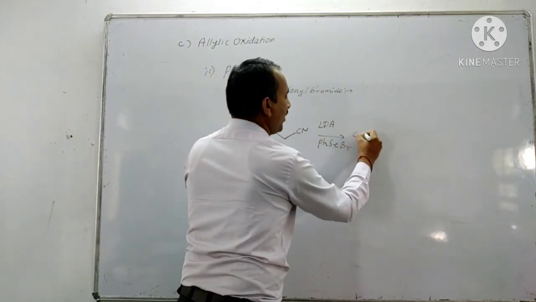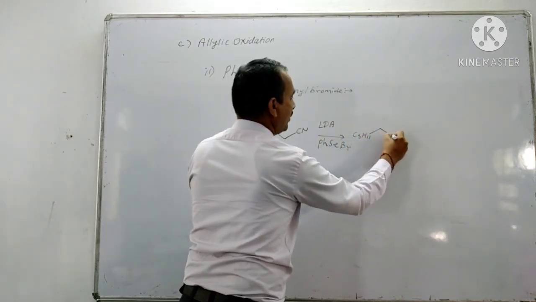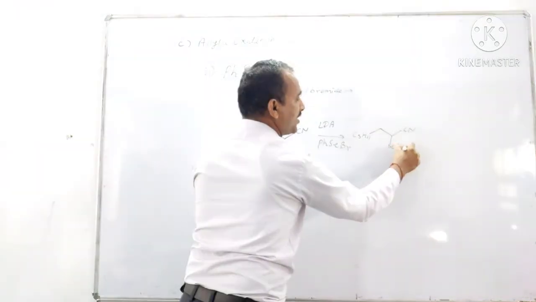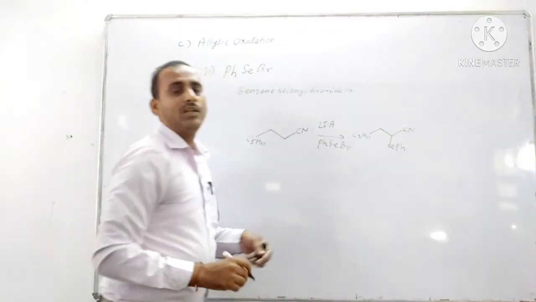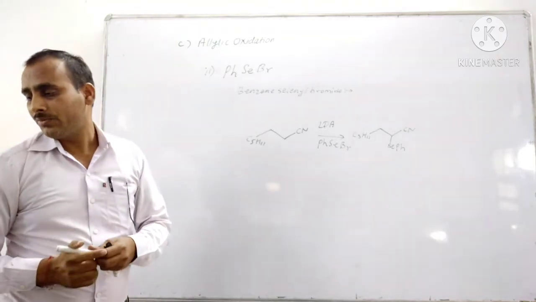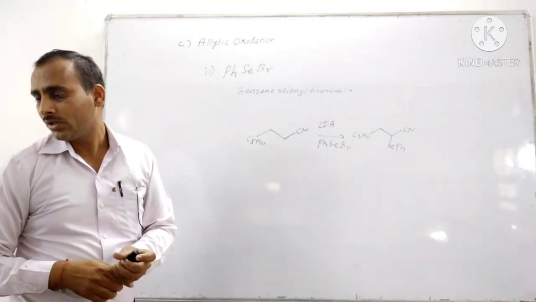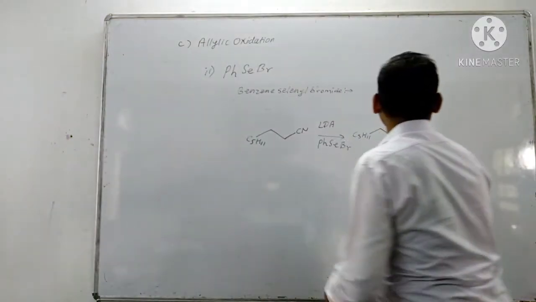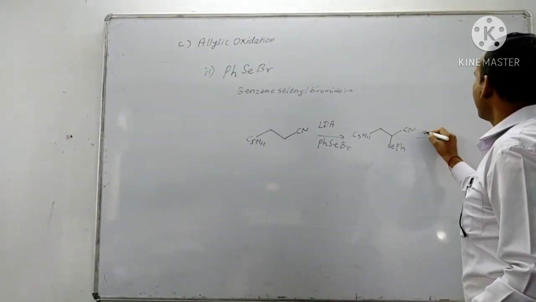So C5H11, CN, SePh and Br minus gets eliminated. Again this is further oxidized by H2O2.